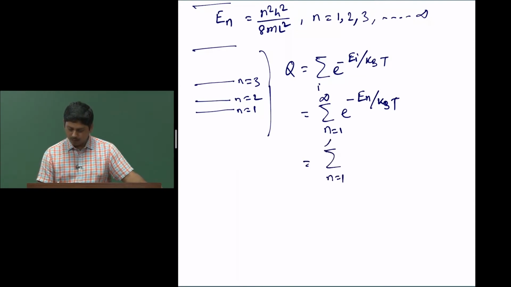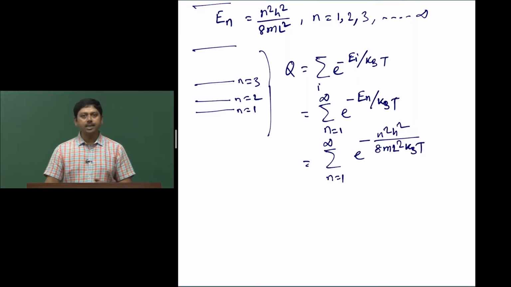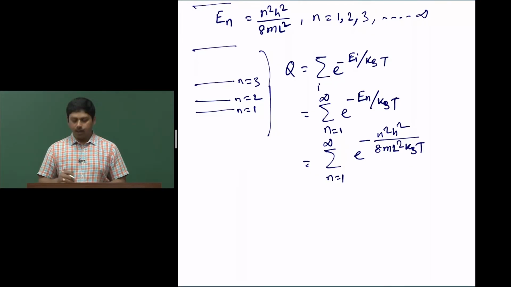So, if you specify that, it will be minus n square h square by 8 m L square k B T. Now, this is a sum, and that sum is a discrete sum. It goes discretely from 1 to infinity, over different levels.